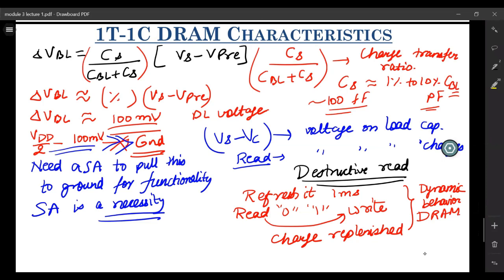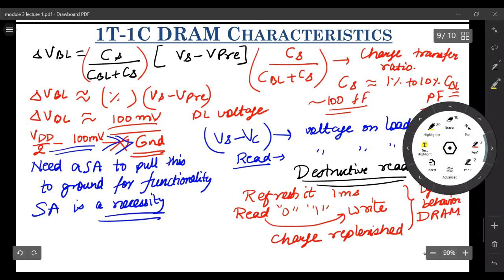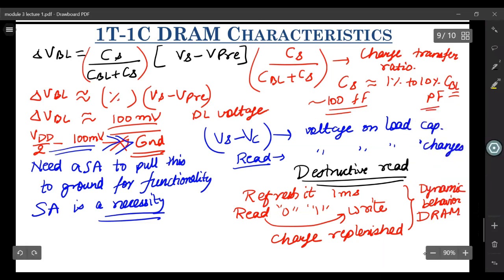Okay. So now let us look at the problems with this. First problem, external cap is required.